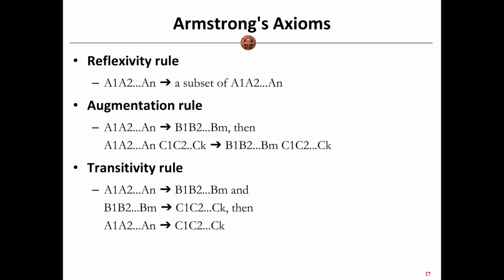You can also prove this rule by the definition of FDs. If two tuples agree on A1 to AN, they also agree on B1 to BM, and according to the second FD, they also agree on C1 to CK. Therefore, we can derive A1 to AN implies C1 to CK. It should be easy to derive this rule. So these are the three basic rules in Armstrong's axioms.